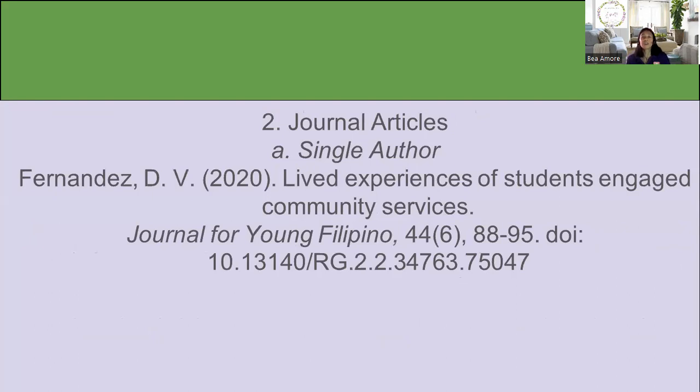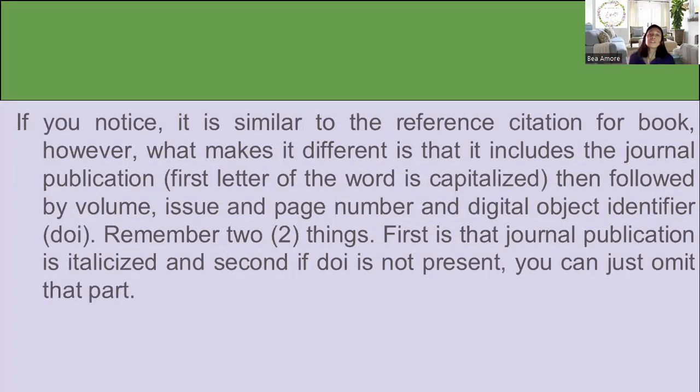Journal article, single author: Fernandez DV 2020, Live Experiences of Students Engaged in Community Services, Journal for Young Filipino, 44, 6, pages 8895, DOI. If you notice, it is similar to the reference citation for a book.